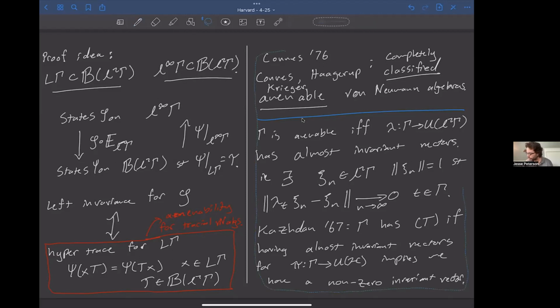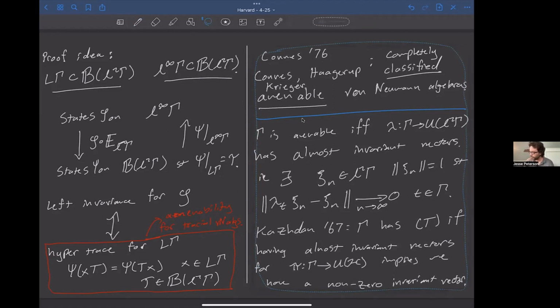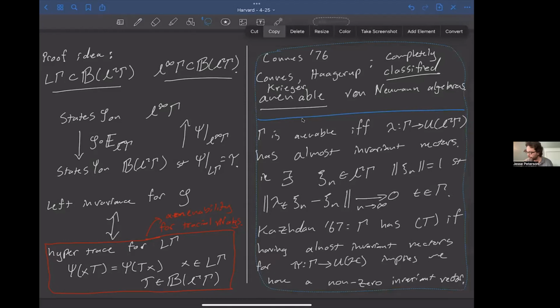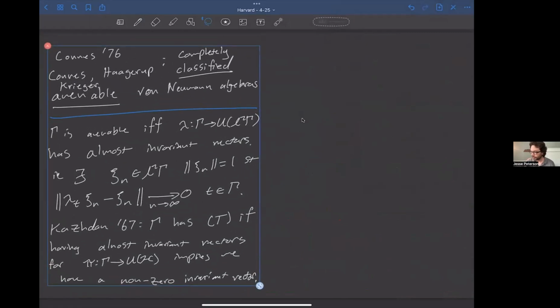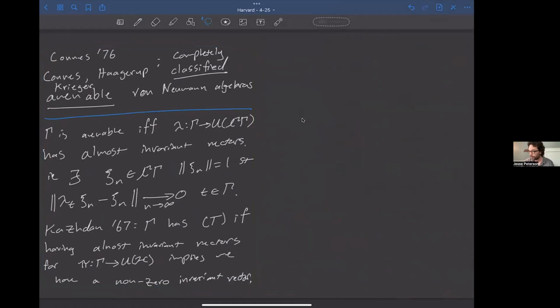So his main interest in this is that there's two things you can see right away from property T. One is that if you have property T, then you have finite abelianization, because property T passes to quotients. And of course, infinite abelian groups don't have property T because they're amenable.